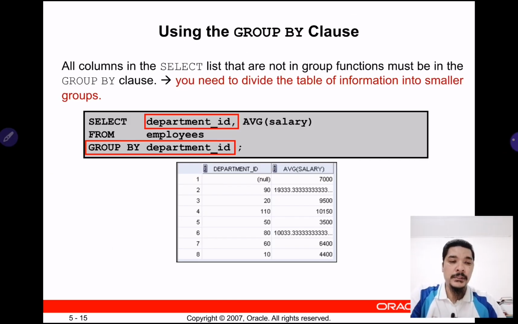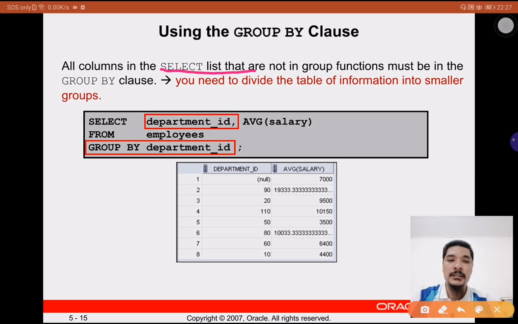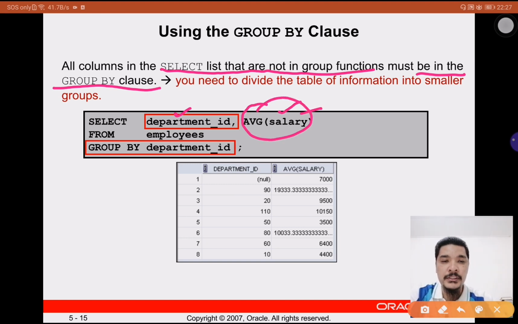Alright, so for this example, all columns in the select list that are not in the group functions must be in the group by clause. Okay, what does this mean? For example, select department ID and also average salary. This is a group function, group functions in the select clause.